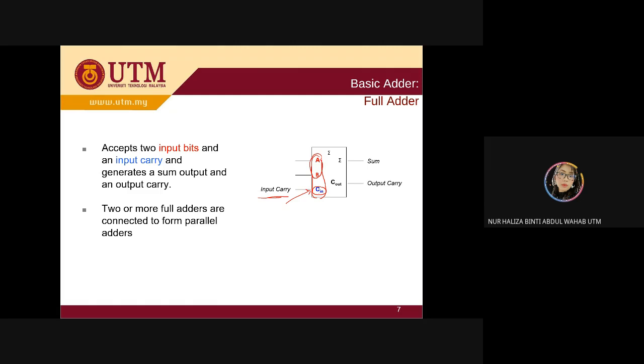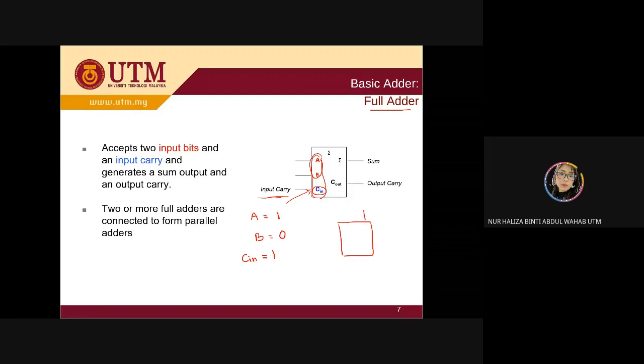Here, let's say you want to add a one-digit number, it is okay. Maybe you have A equal to 1, B equal to 0. We want to add this number and we want to use our full adder with the scenario of our carry in equal to 1, let's say. So I have 1 full adder.